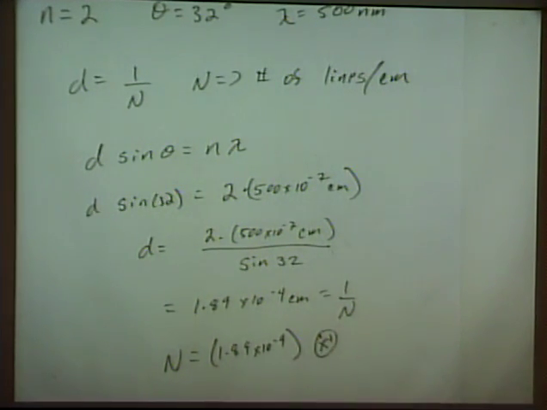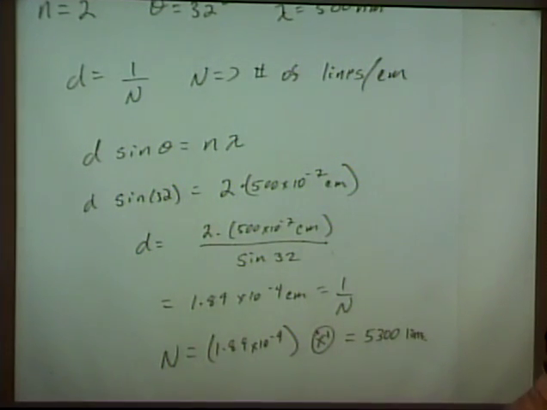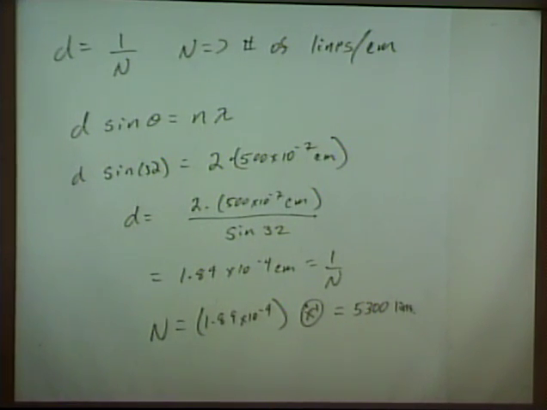That's my savior key all the time, instead of just going 1 divided by that. That comes out to be about 5,300. So that's 5,300 lines per centimeter. All right, that's the first question.